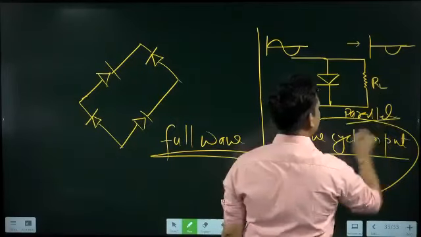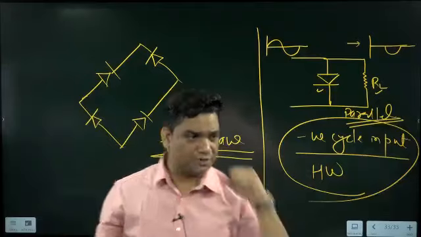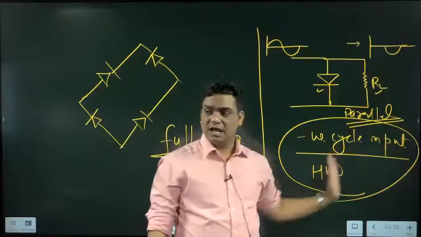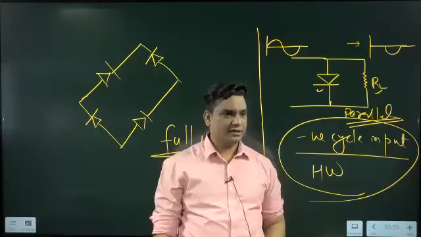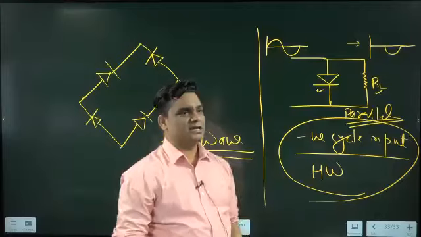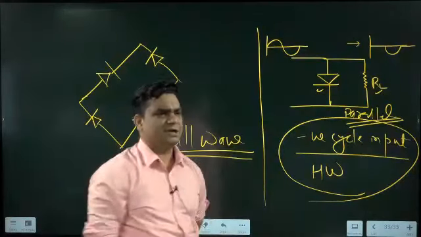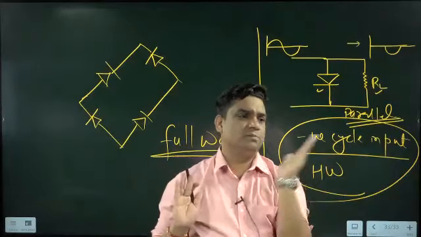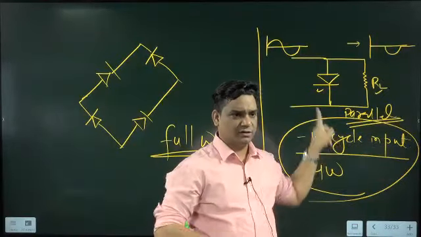So you have to remember, if the diode and load are in parallel, then the negative cycle will be in the output. And if they are in series, then the positive cycle will be in the output, and it will still be half wave. Clear? Why negative cycle in output? Ultimately in the exam you will not be able to do the mechanism. Remember: series, positive; if parallel, then it is the negative cycle.